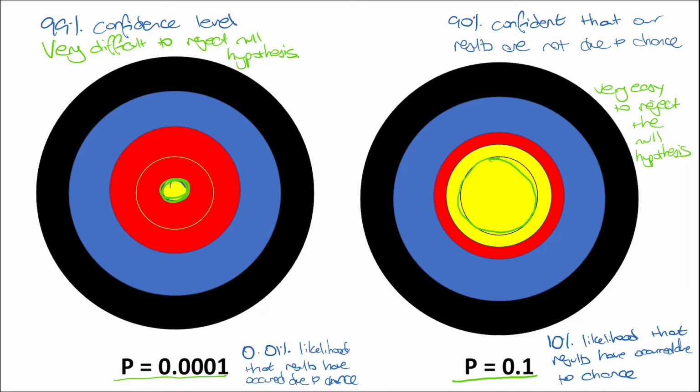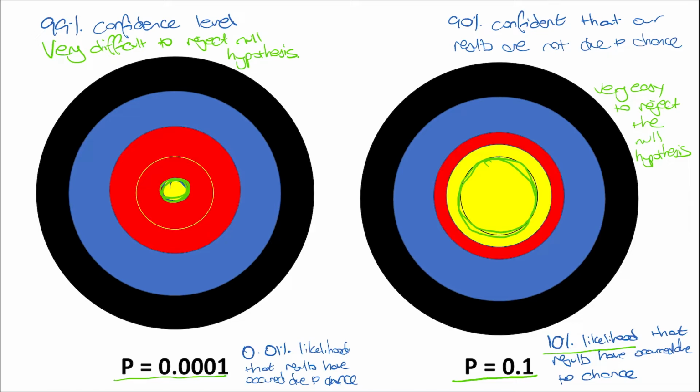Because we only need to be 90% confident that the difference between the conditions or the association between covariables is not due to chance, we're accepting a huge 10% likelihood that the difference or association would occur if there was no real difference between the conditions. So it's much easier to hit the target because that bullseye is now much bigger. We're accepting a much higher likelihood that the results have occurred due to chance.